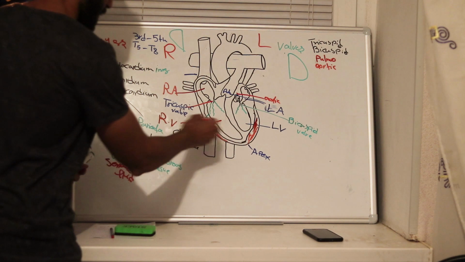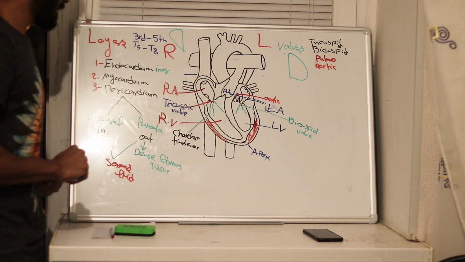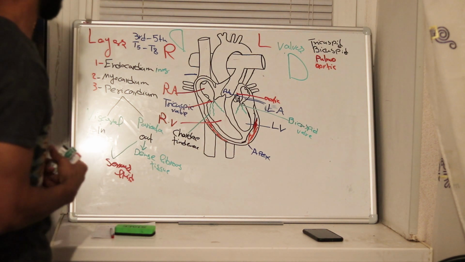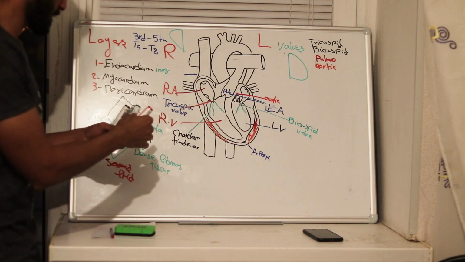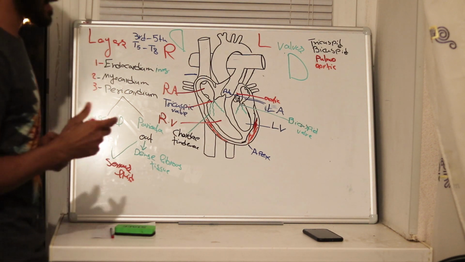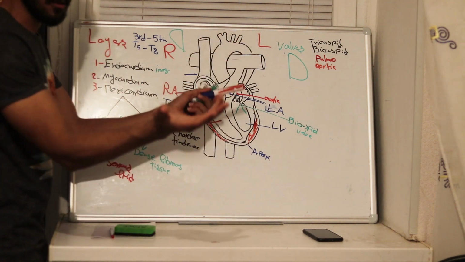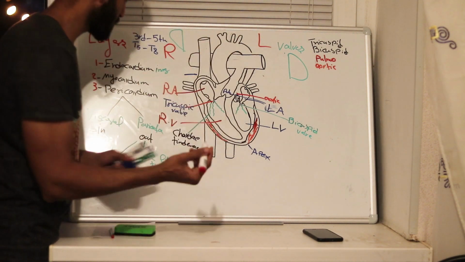The same in the left, the bicuspid or mitral valve. We have chordae tendineae. So these threads, what kind of structure holds them? It's not just threads hanging in the air. No, of course.